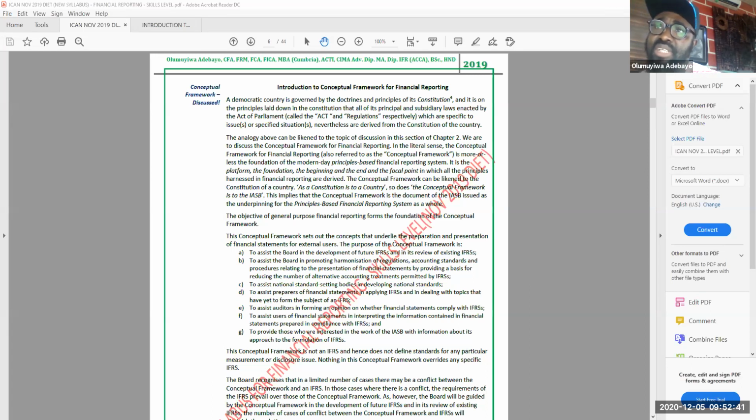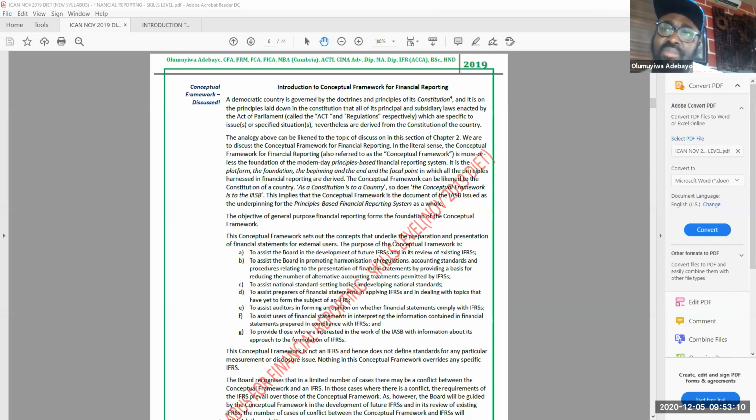Okay, we also went further to discuss the international regulatory framework, where we identified that the IFRS Foundation is an international body that is responsible for financial reporting and its principles around the globe. And we also discussed the trustees that are saddled with the responsibility of achieving the objective of the foundation.